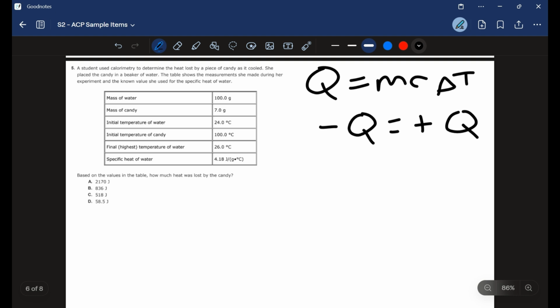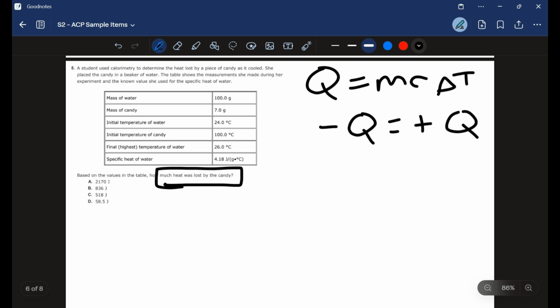So in this question, the candy is losing heat, so that would be our negative Q. The water is gaining heat, that would be our positive Q. And we know they have to be equal to each other. So if you read the question carefully, it's just asking you for the heat that was lost by the candy.